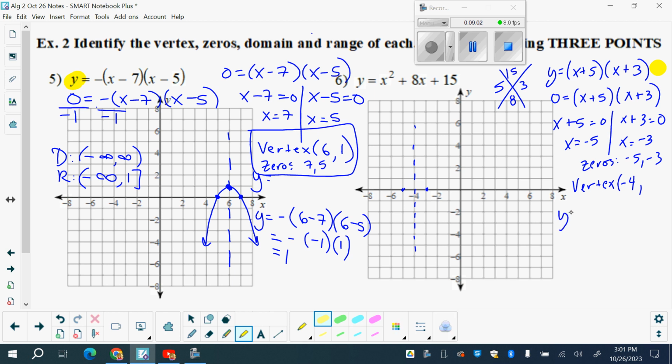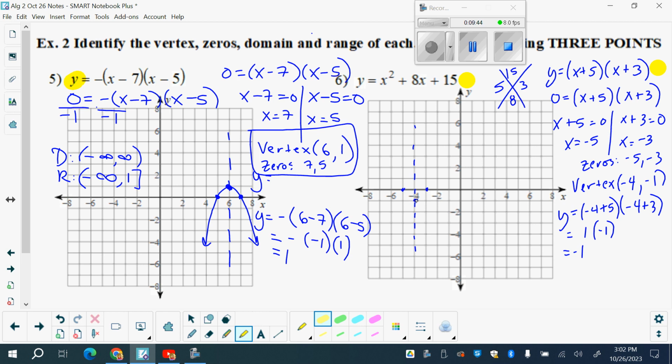So we have y equals (-4 plus 5)(-4 plus 3). So that's 1 times -1, which is, what's that equal to? One times -1? -1. So our vertex is (-4, -1).